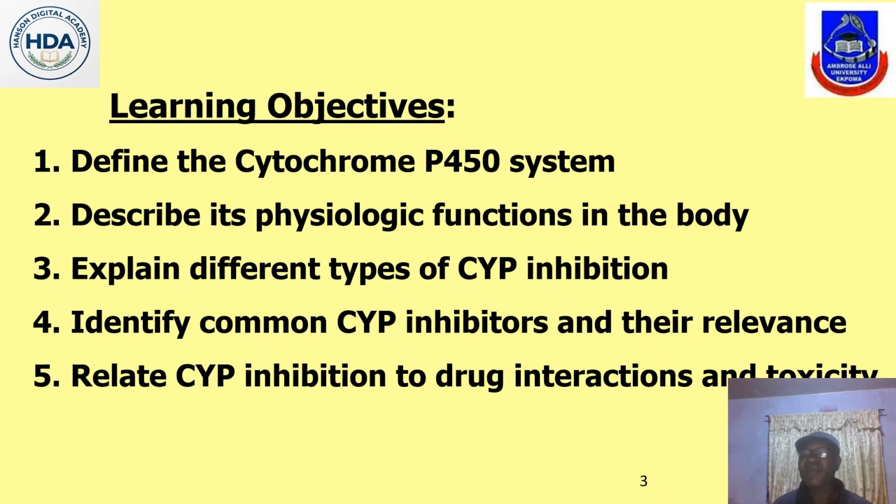At the end of the lecture, you are expected to have the ability to define cytochrome P450, describe its physiological functions in the body, explain different types of cytochrome P450 inhibition, identify common cytochrome P450 inhibitors and their relevance, as well as be able to relate cytochrome P450 inhibition to drug interaction and toxicity.